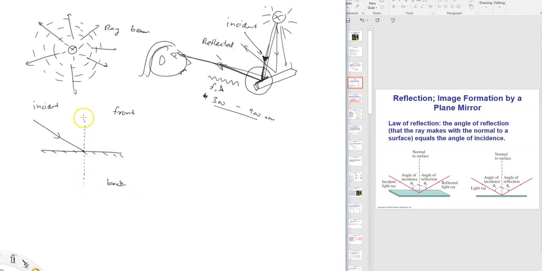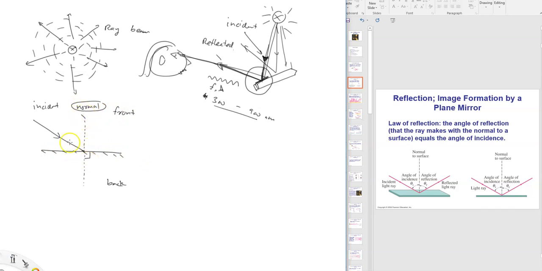This line, we call this the normal. It needs to be normal to the surface, the mirror surface. So there has to be 90 degrees over here. All our measurements are done from the normal. We make all the angle measurements from the normal, not from the mirror. That is the standard.